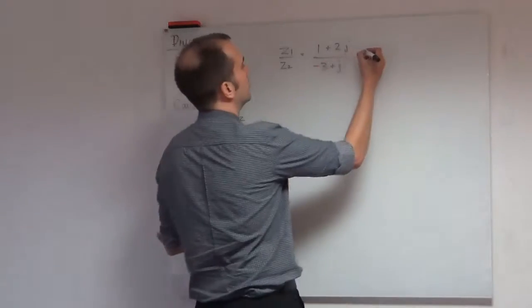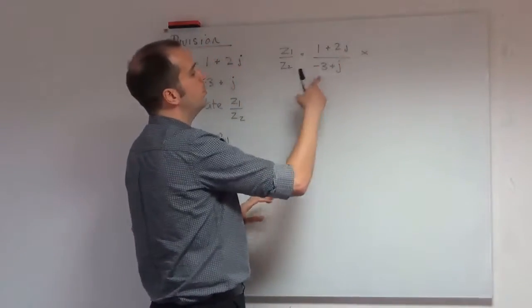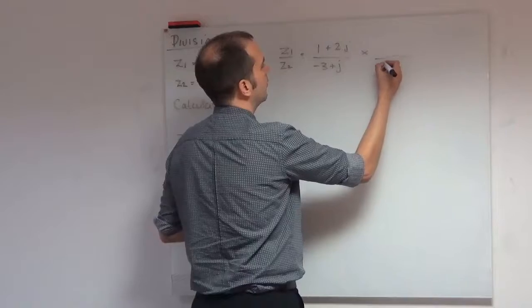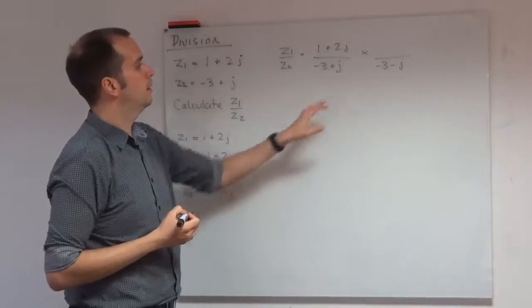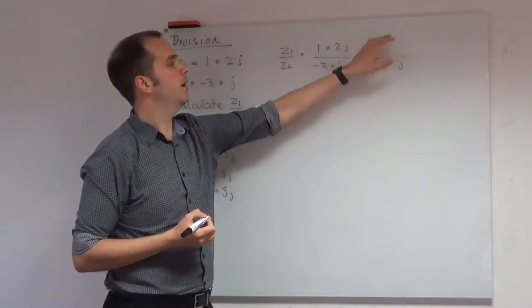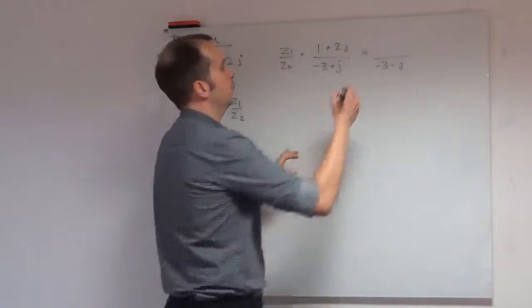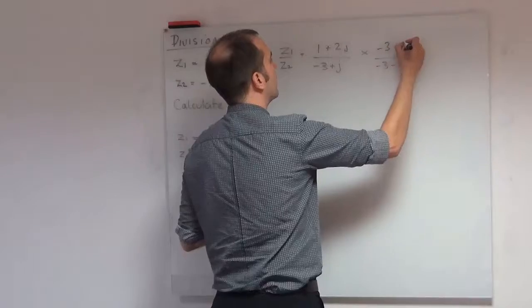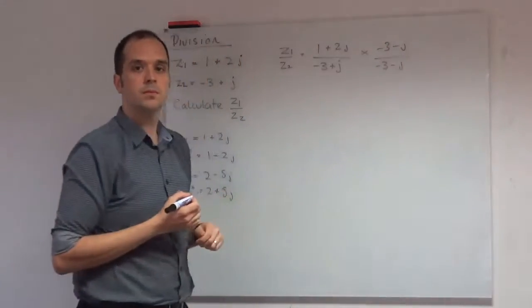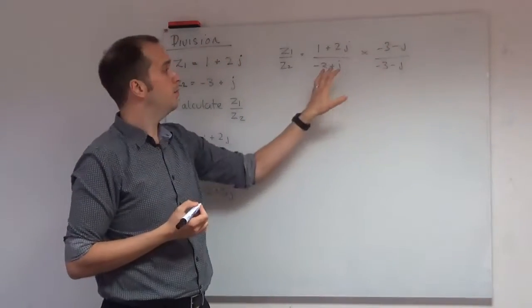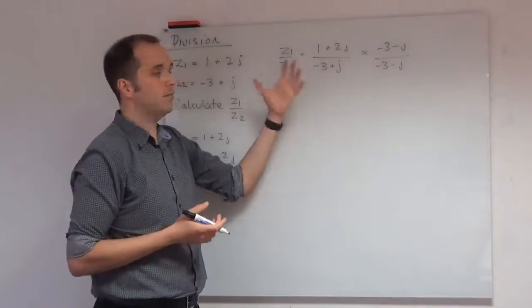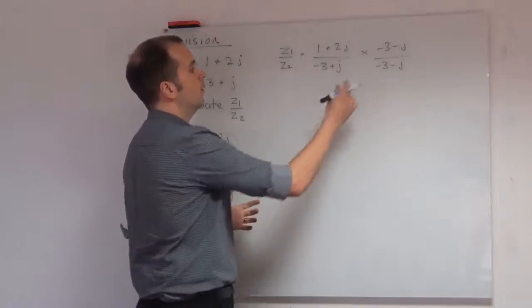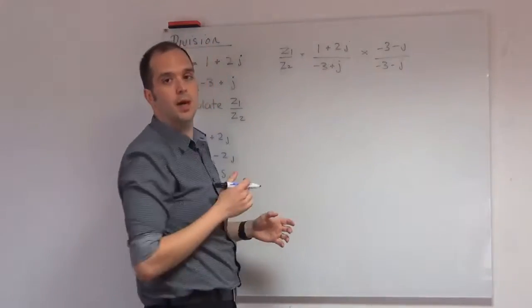So my complex conjugate of z2 will be minus 3 minus j. I multiply the bottom by that, and I need to multiply the top by the same thing. Once we've done that, we just need to multiply out the numerator and the denominator and then see what answer we get. So let's start off with the denominator.